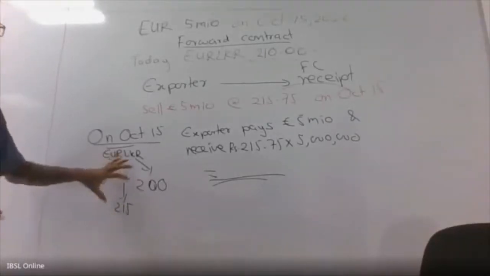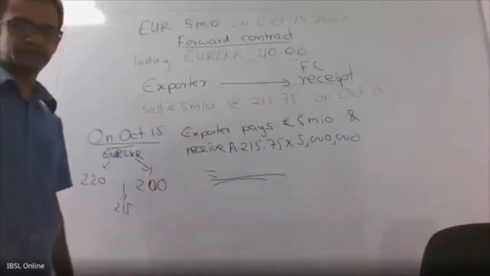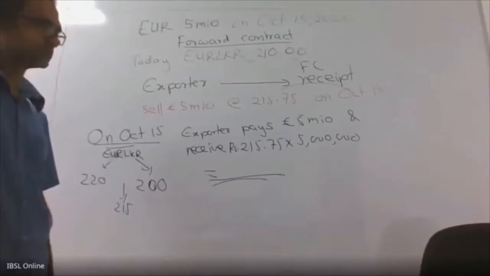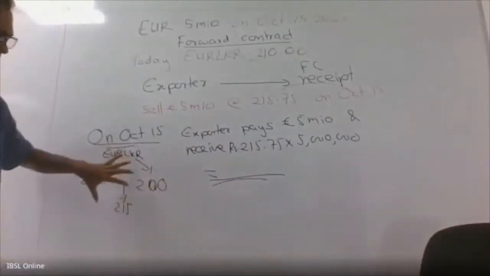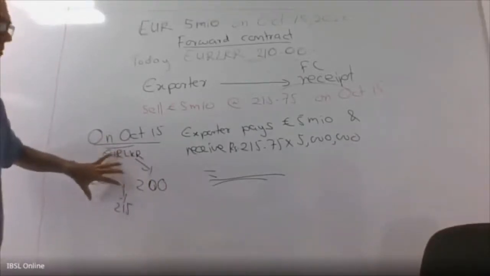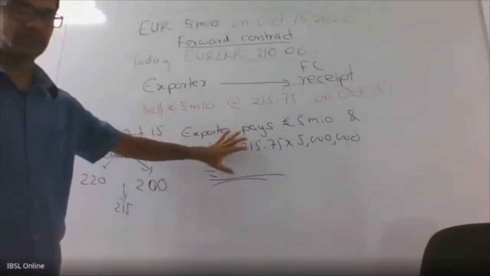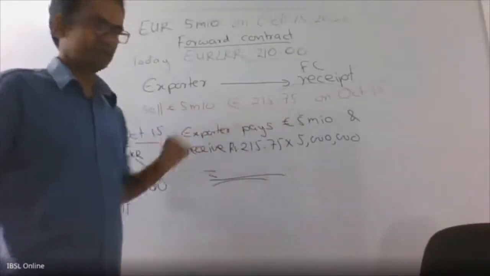We do the transaction based on the agreed price. Clear? We don't care about the exchange rate prevailing on the date of settlement to settle this forward transaction. We settle the transaction based on the agreed price.